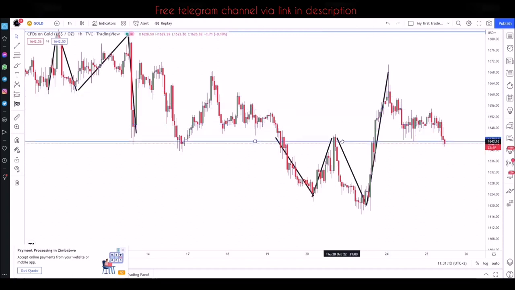We are waiting for proper rejection. In this case, we might have entered, and our stop loss should always be below the zone of our neckline, like that. So it's now up to the market to decide whether it's going to respect this zone and go to the upside, or it's going to go to the downside.